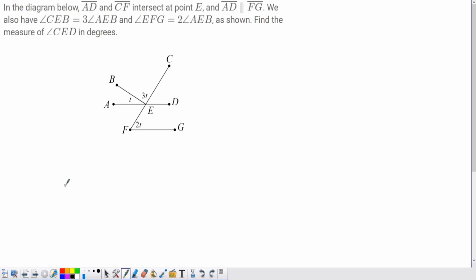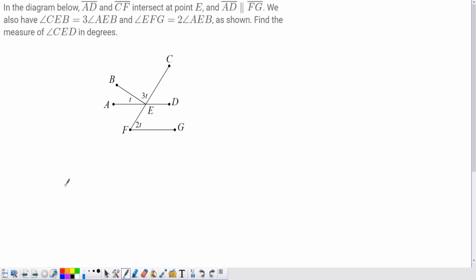AD and CF intersect at point E, and AD is parallel to FG. We also have CEB equals 3 times AEB, and EFG equals 2 times the angle AEB as shown.